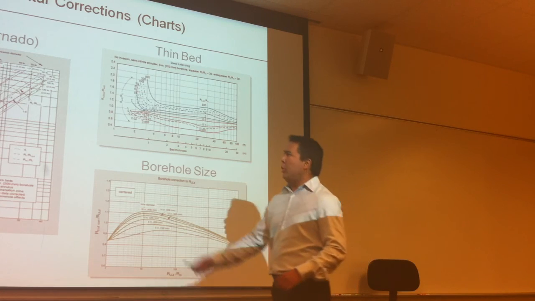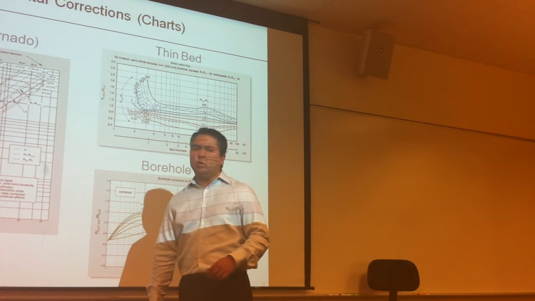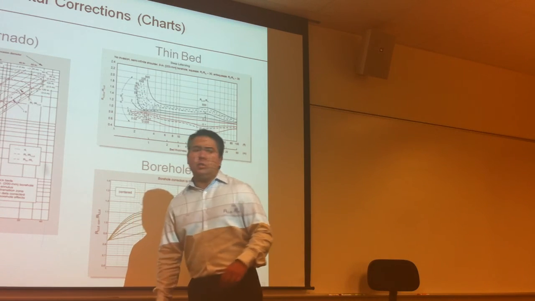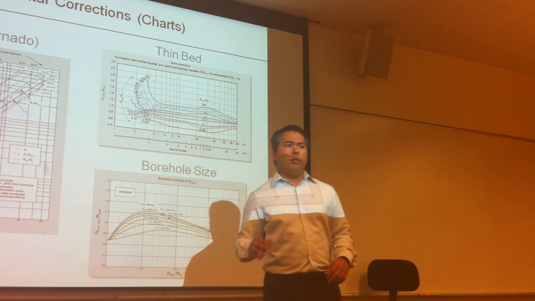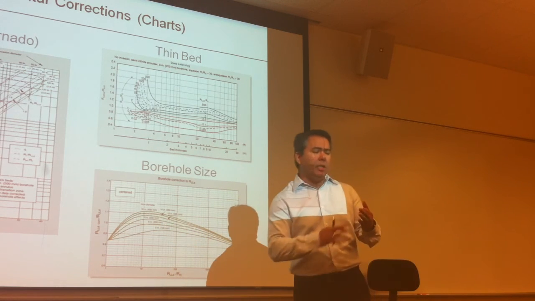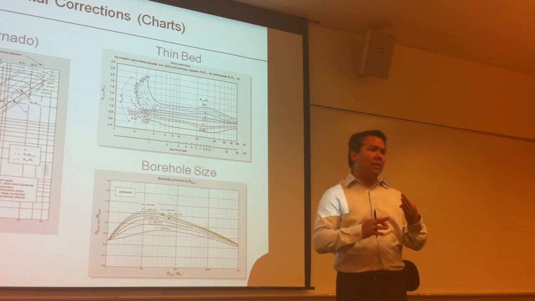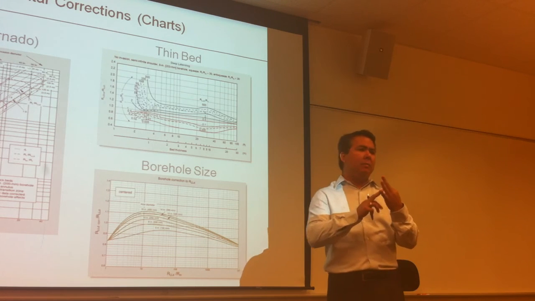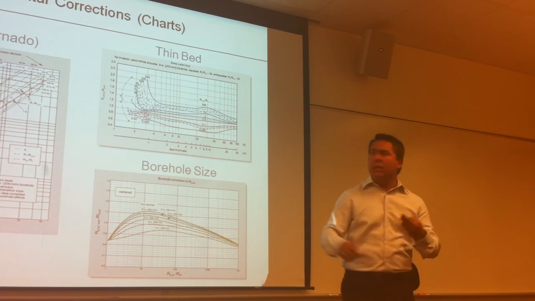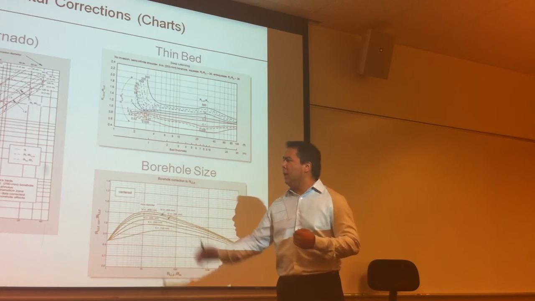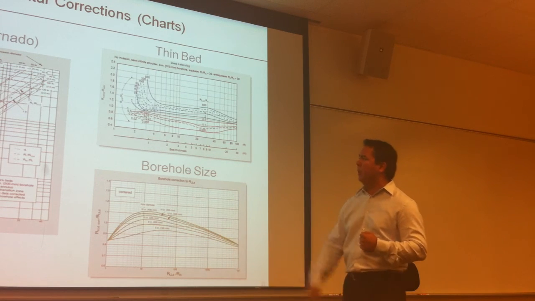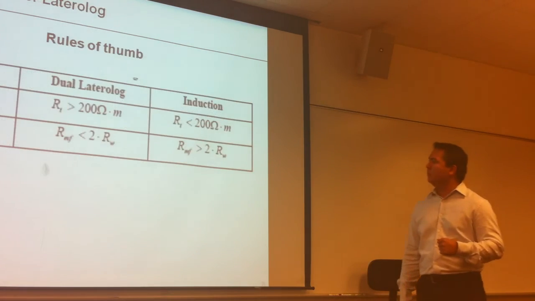And also, we have the invasion or tornado chart in order to estimate RT. One thing here is that we need at least three different readings: deep, shallow, and RXO, in order to compute invasion and RT from the tornado chart.